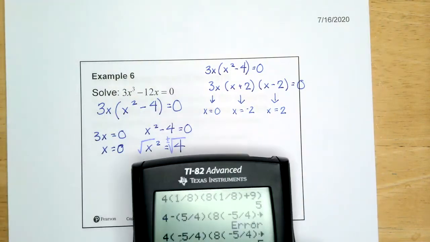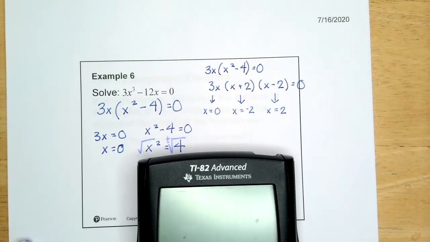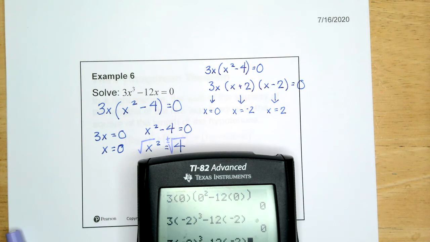But let's find out if we have a good answer. So I turned off right at that same moment. 3 times 0 squared minus 12 times 0 is 0. 3 times -2, ooh, sorry, to the third, minus 12 times -2 is 0. I'm going to type that in again.